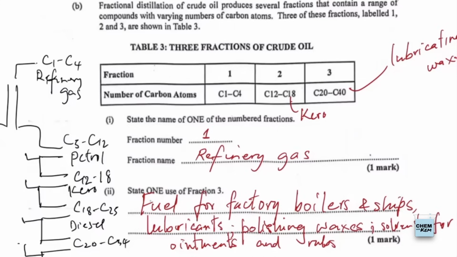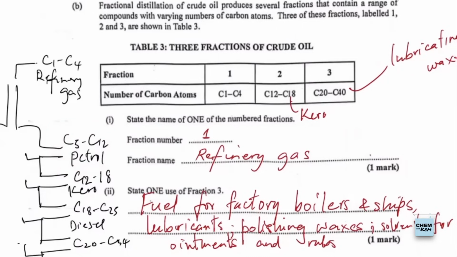Fraction 2, the fraction that they gave there, it's not necessarily right after C4 here, but they just gave us 3 fractions. They're not necessarily in the order that they would actually come off in the fractionating column. If you look at my little sketch of the fractionating column, you're seeing C1 to C4 at the top, then C5 to C12, which would be petrol or gasoline.